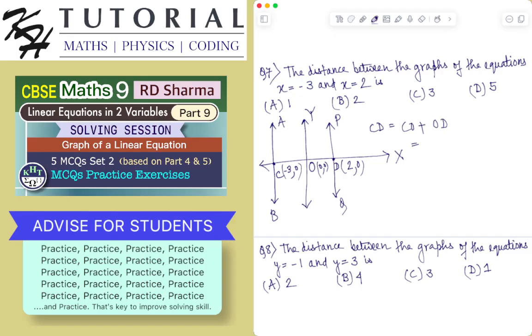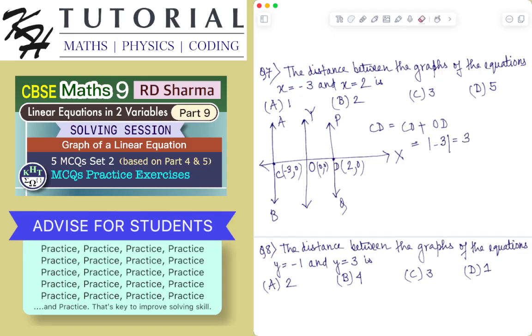Now what is CO? The length of CO is not the x coordinate of C, but the mod of the x coordinate of the point C, that is mod of -3, which is equal to 3.